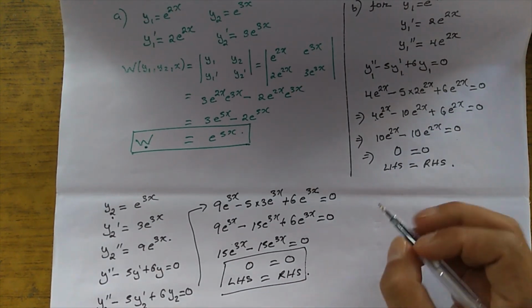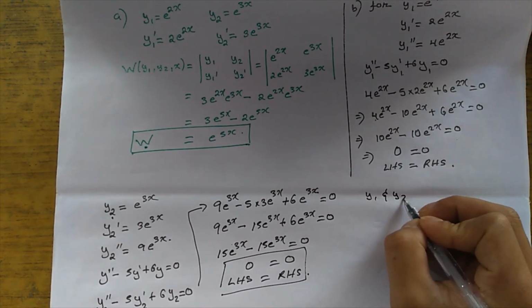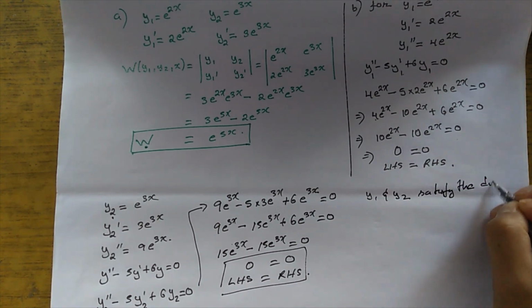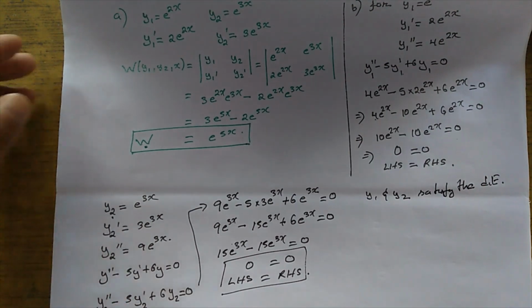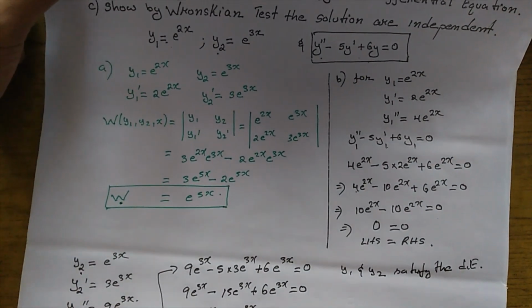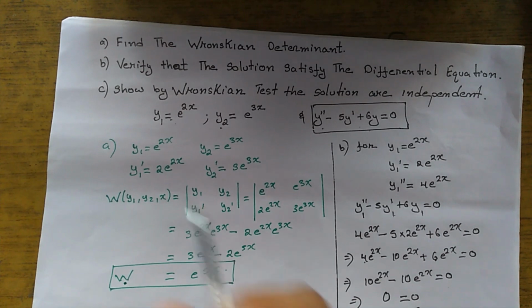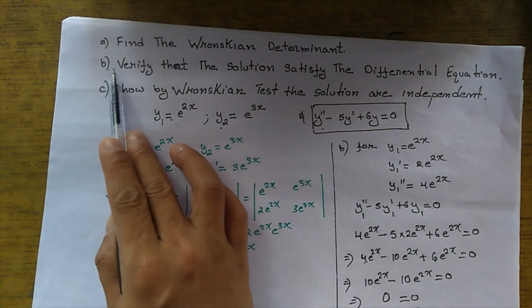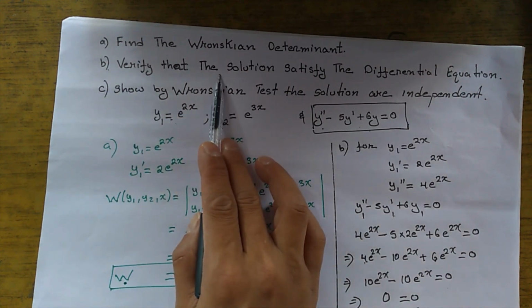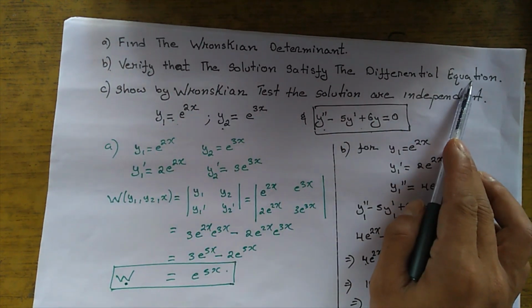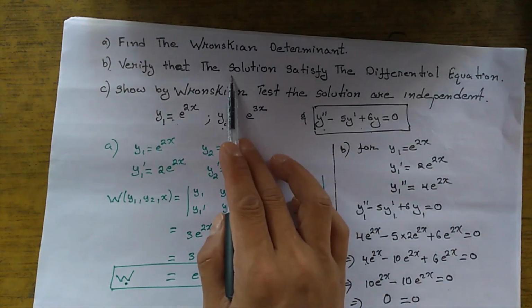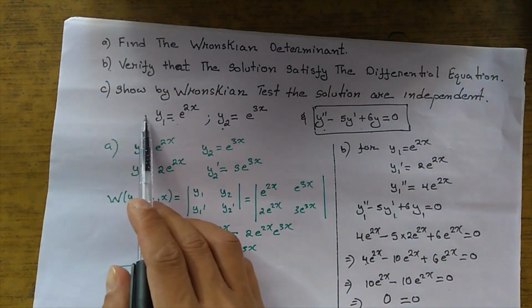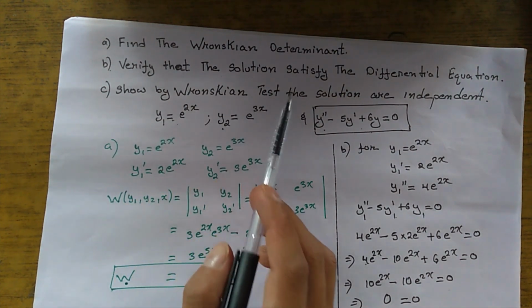So we can write that y1 and y2 satisfy the differential equation. So 1 and 2 are already done. The first one was to find the Wronskian determinant, and we already got it. The second, we needed to show that the solutions y1 and y2 satisfy the differential equation, and we have shown that both do. And the third, we need to show by the Wronskian test that the solutions are independent.